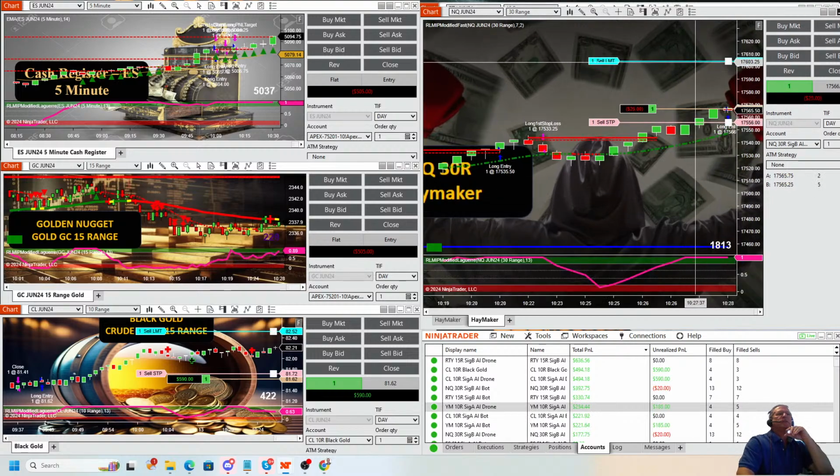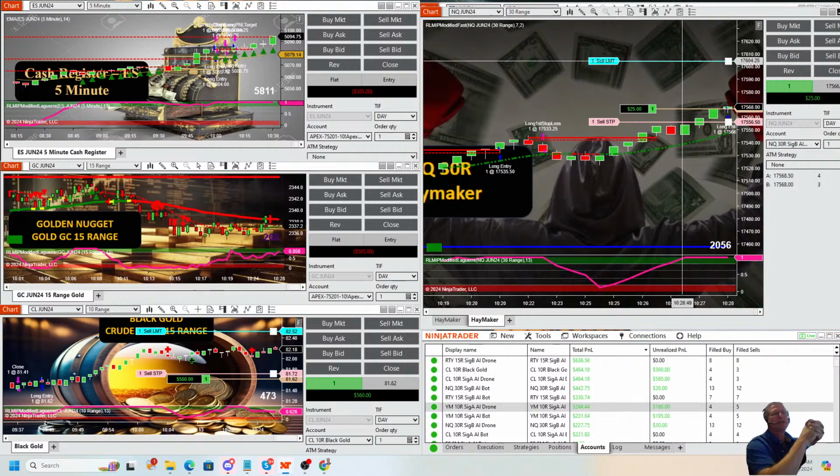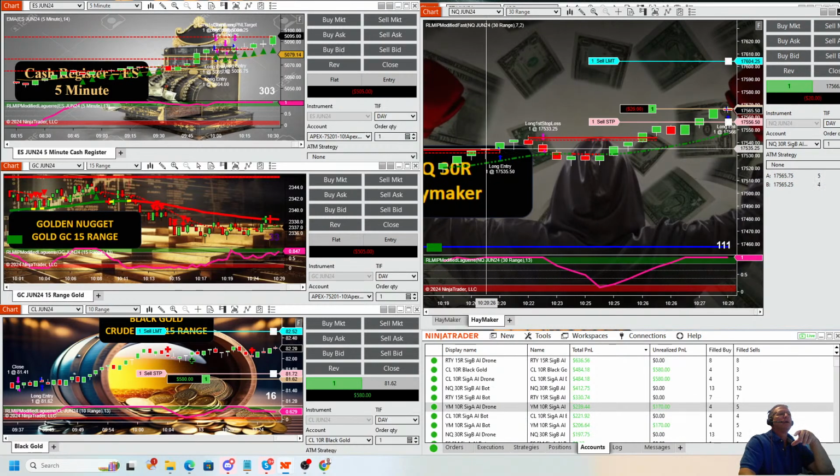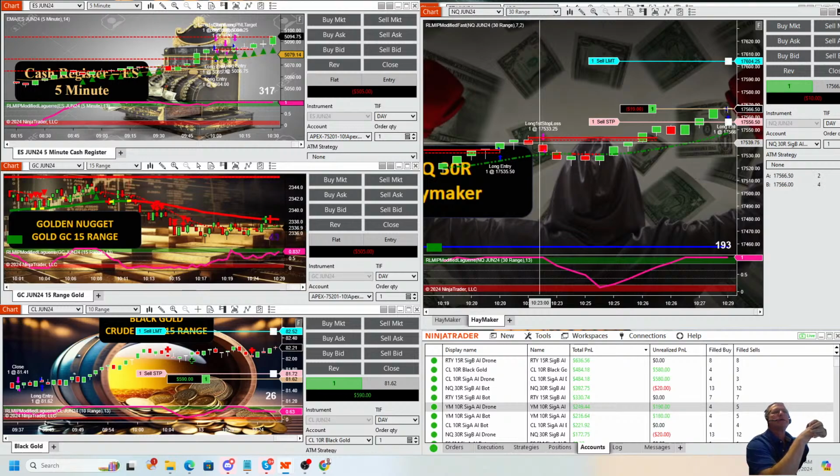Once I'm 40 ticks from this profit target, it's going to tighten it up to a 40 tick window. This is basically the same trade we were in right down here. And it just lost momentum and came back on us. It broke right back through that area of resistance, and now it's trying to push up again.